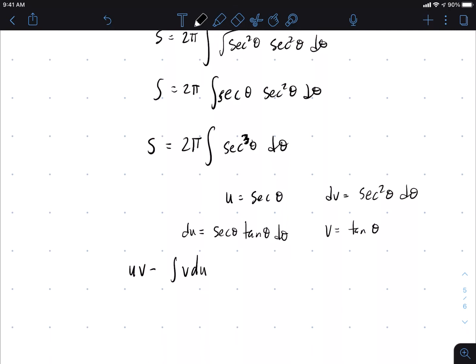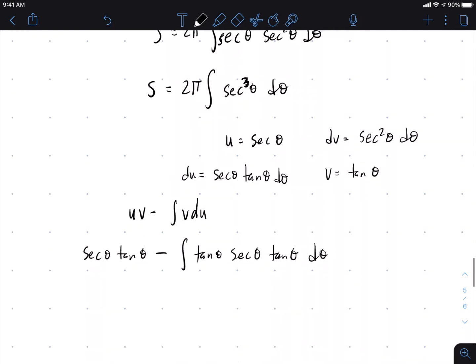So u times v is going to give me secant theta tangent theta minus the integral of v, which is tangent theta, times secant theta tangent theta d theta. And we shouldn't forget there's this big old 2 pi out front.